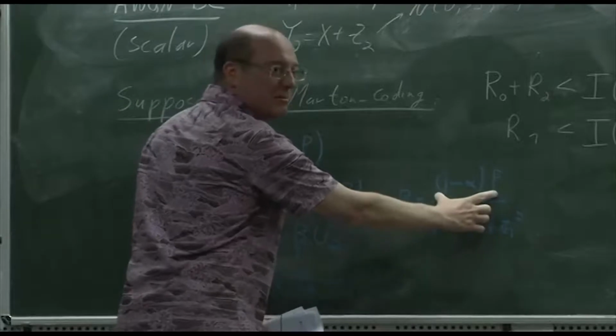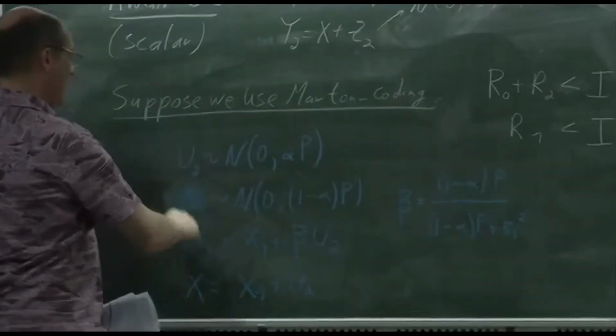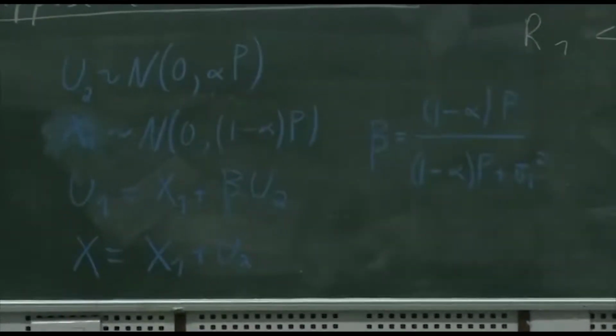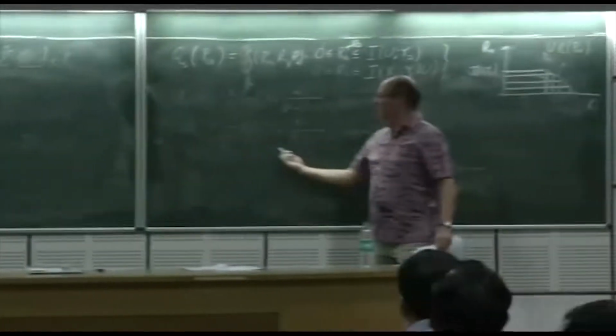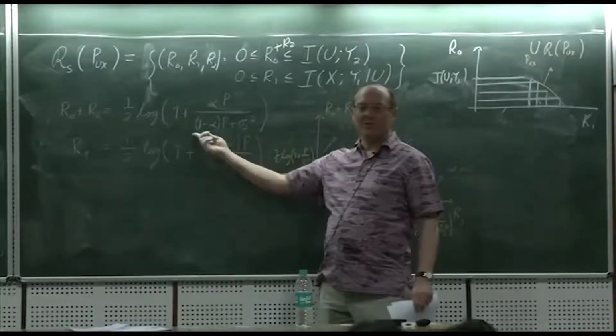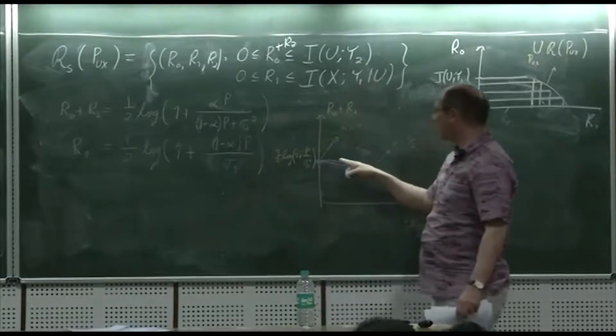Here the p is just the 1 minus alpha p because we're just corresponding to the power of u1, which is this x1. And if you put that all together, you'll get exactly this rate region where we've removed all the interference from u2 here, and here we'll have to live with the interference from the other term. Okay, and then you get the exact same region.